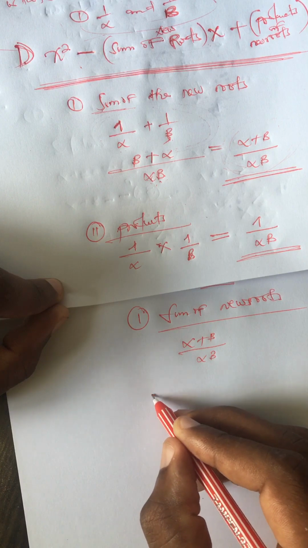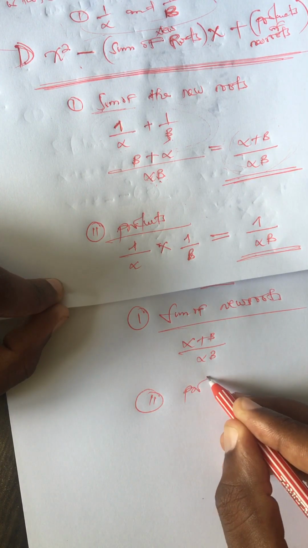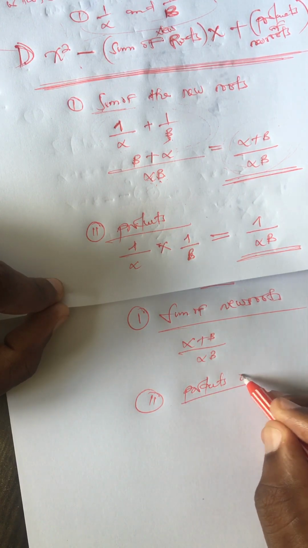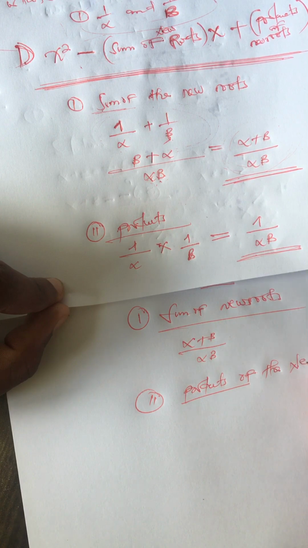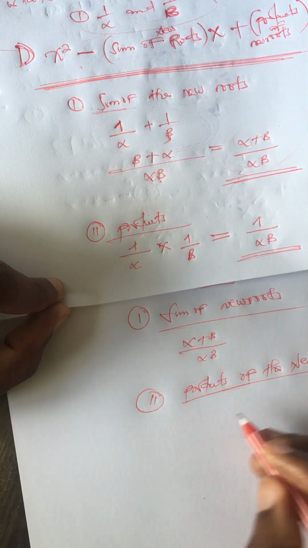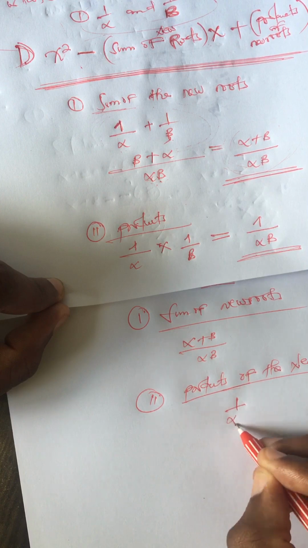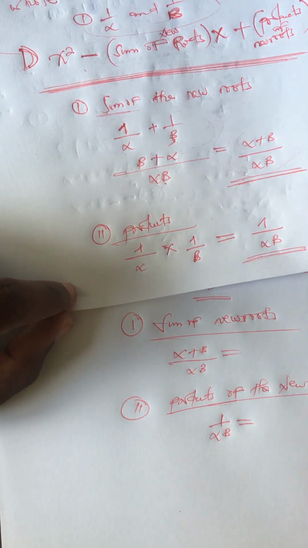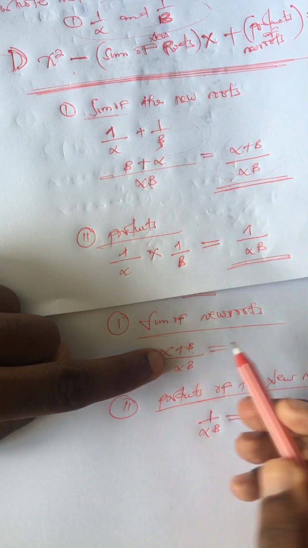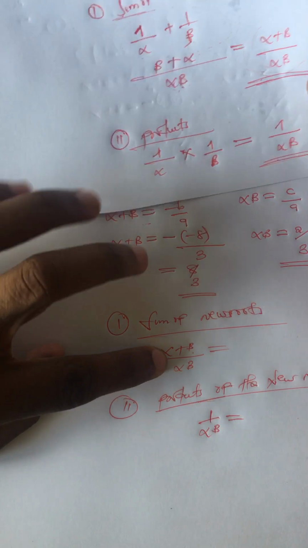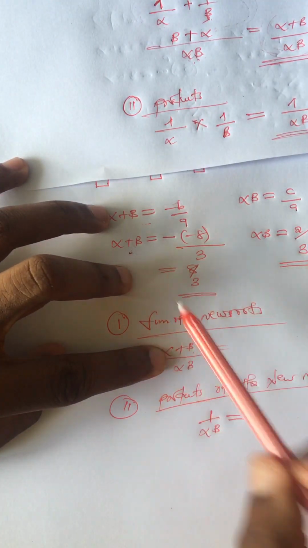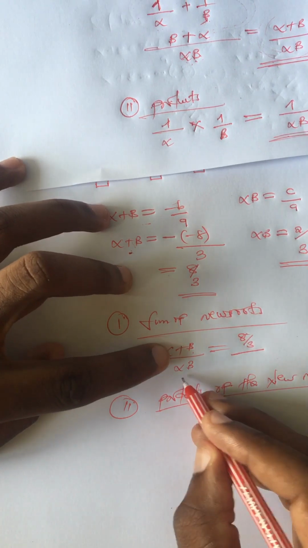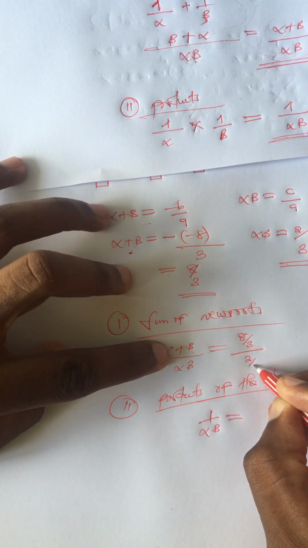Then the product of the new roots gave us 1 over alpha beta. All right, then we find their values. So alpha plus beta gives us 8 over 3, then over alpha beta, which is 2 over 3.